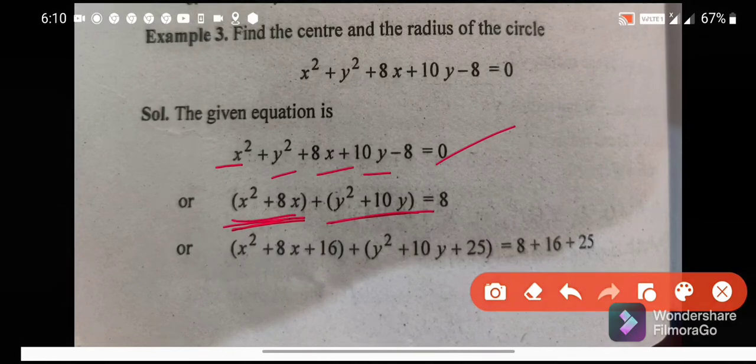Now complete the squares of both brackets: x square plus 8x plus 16, and y square plus 10y plus 25. Add 16 and 25 on both sides to complete the squares of these two brackets.